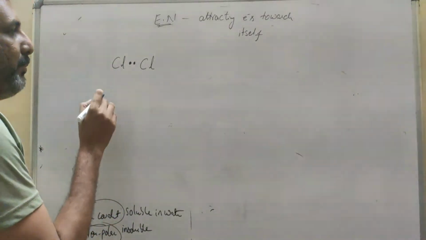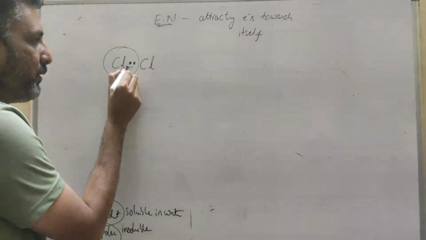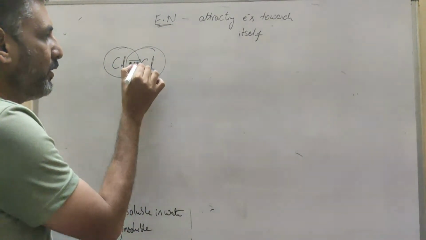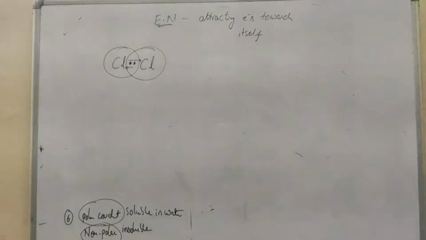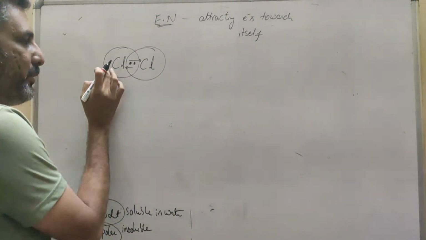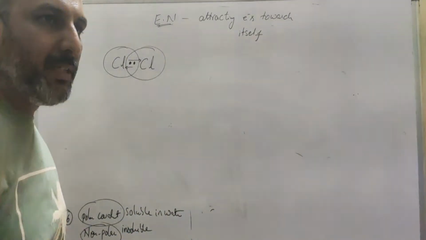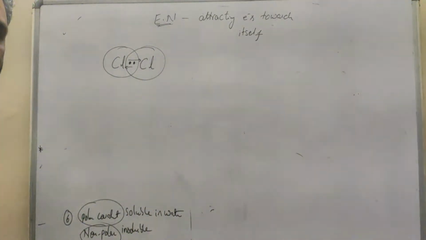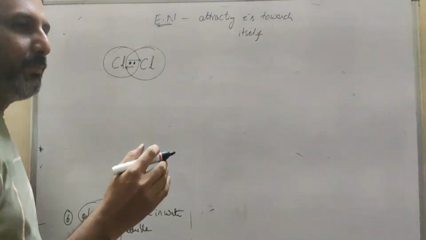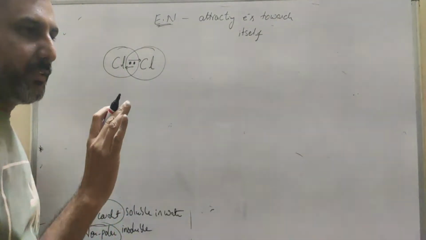In this case, chlorine will be trying to pull these electrons towards itself, and this chlorine also will be trying to pull these electrons towards itself. So both will be fighting like a tug of war. But chlorine atoms are identical atoms, so both the forces will be equal. When both the forces are equal, the electrons will remain in the center.